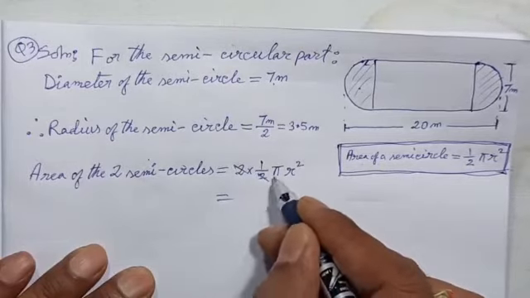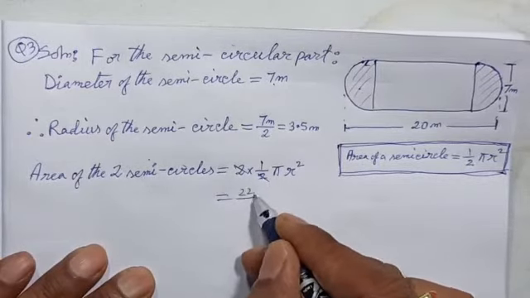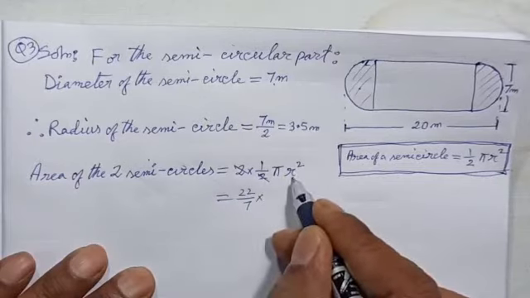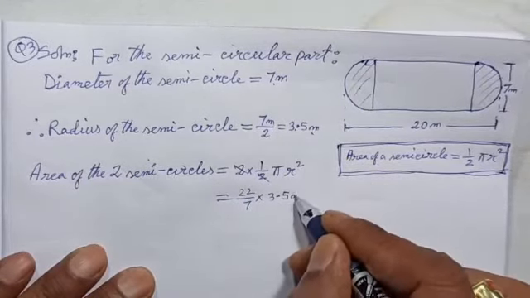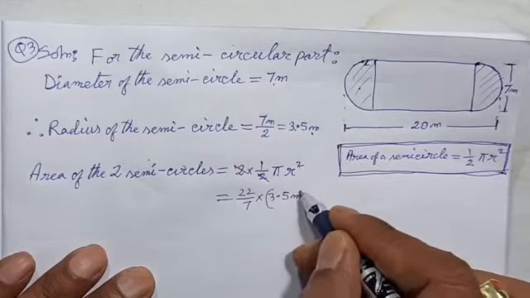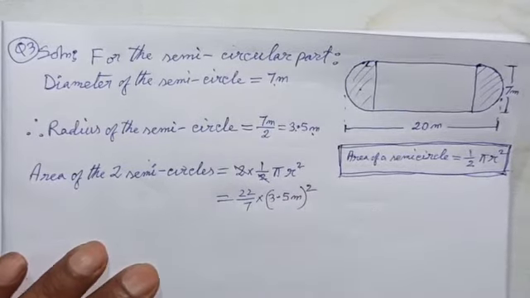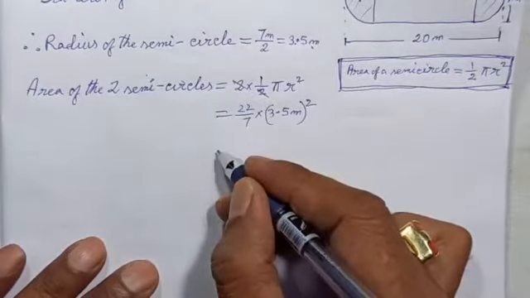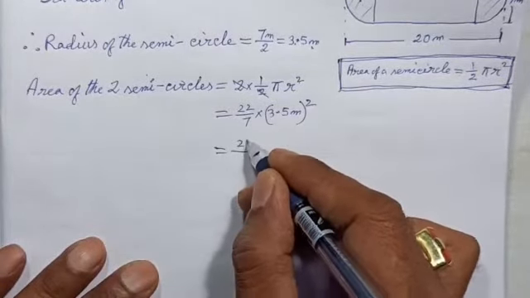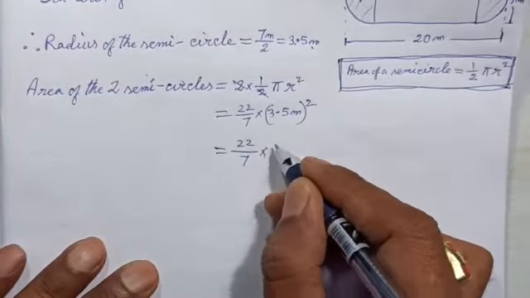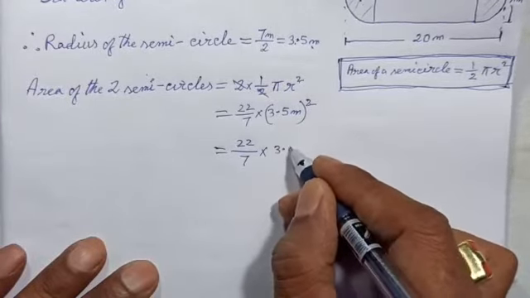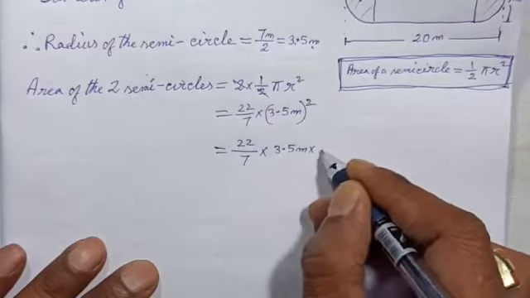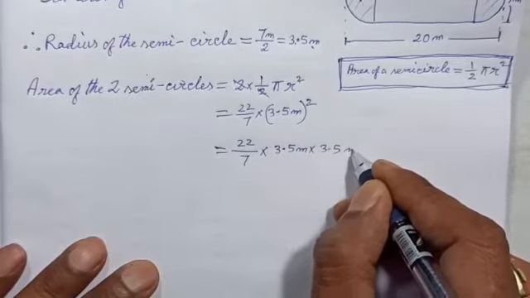The value of pi is constant, that is 22 by 7. Here radius is 3.5 meter, and here is power 2, so square. Then next, 22 by 7 into this 3.5 meter square, so let's multiply 3.5 meter into 3.5 meter.